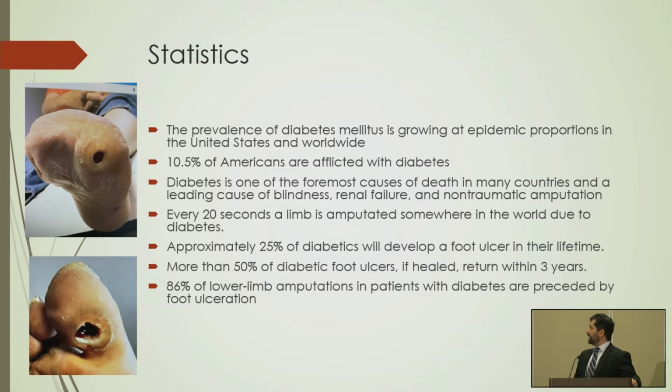Approximately 25% of diabetics will develop a foot ulcer in their lifetime. More than 50% of diabetic foot ulcers, if healed, will return within 3 years. And 86% of lower extremity amputations in patients with diabetes are preceded by a diabetic foot ulcer.